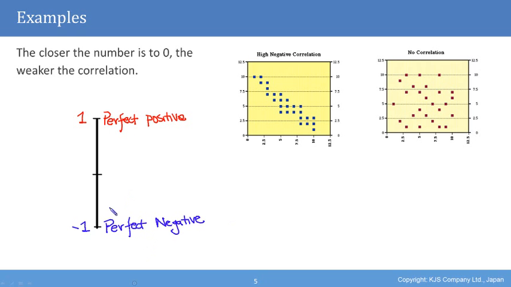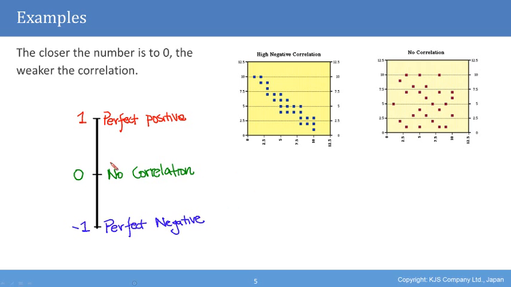So somewhere in the middle would be where you have no correlation at all. And so we write no correlation, and this is given a value of 0. So the closer the number is to 0, the weaker the correlation.